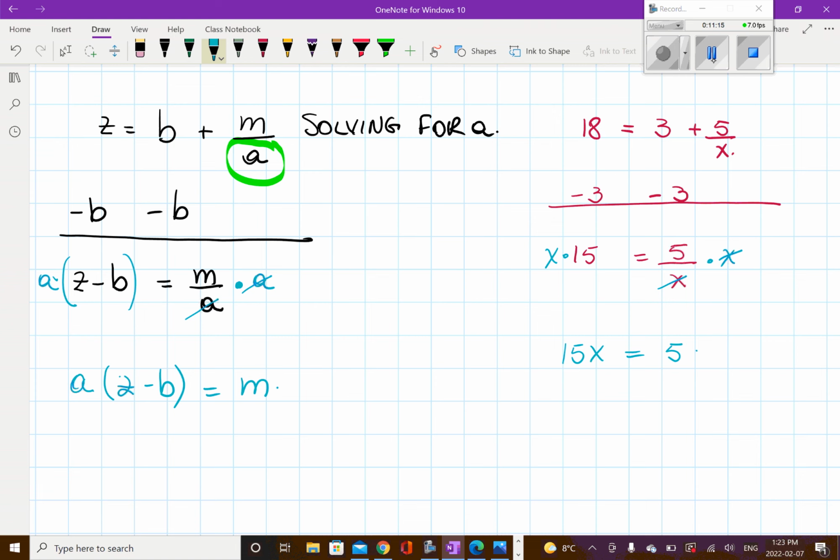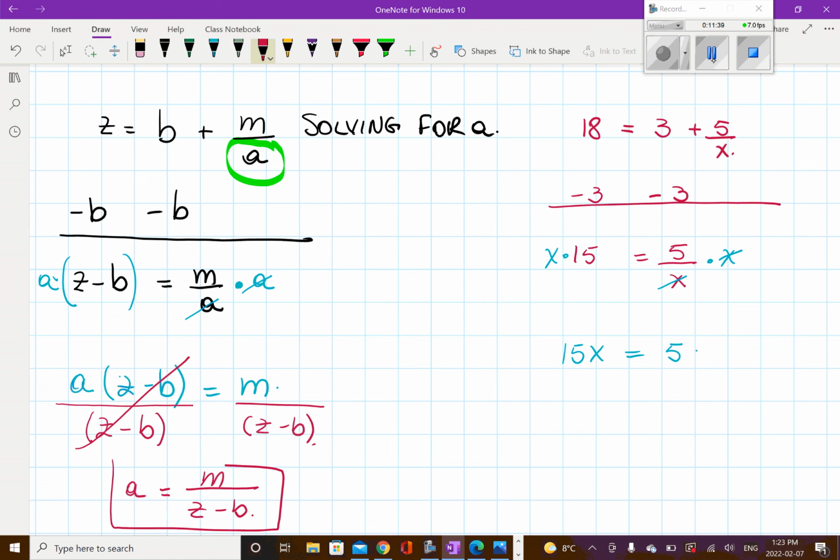And then what we do here as the last step to solve for a, we divide both sides by z minus b. Z minus b. So those terms are cancelled out, and a will be equal to m over z minus b.